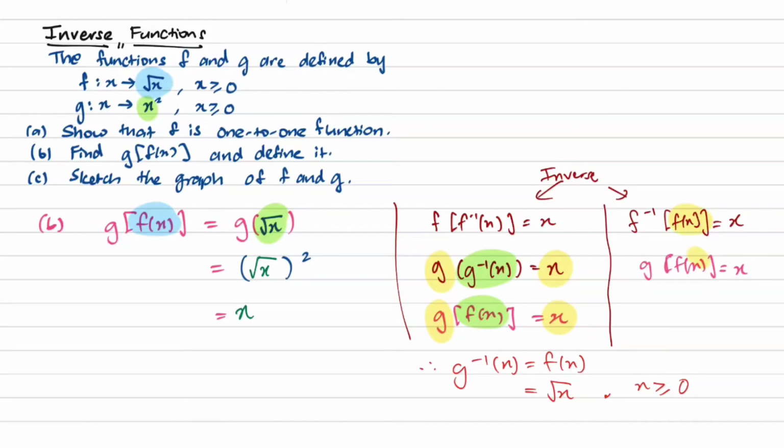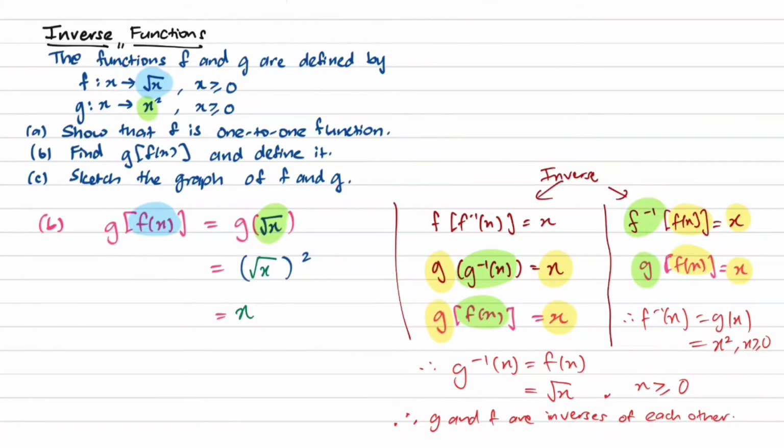I have the same f function here, and then I also have them both equal to x. This means that I can compare these two functions. This means that f inverse is equal to the g function, where g function is equal to x squared with the domain given x greater than or equal to 0. As you can see, g inverse is equal to f and f inverse is equal to g. So this means g and f are inverses of each other.